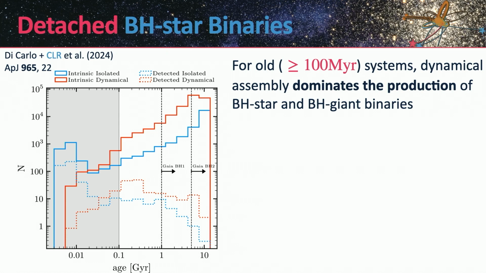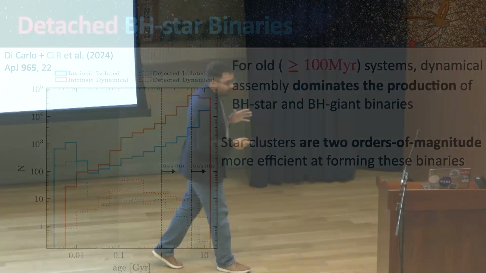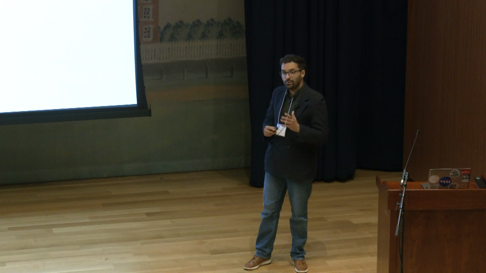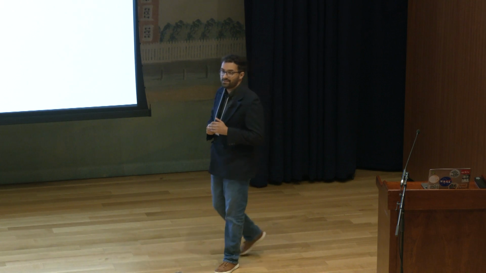The same is true for the detected population in dotted red down here as well. And so overall, per unit of stellar mass, these open star clusters are nearly 2 orders of magnitude, actually more than 2 orders of magnitude more efficient at producing these systems than isolated binary evolution.